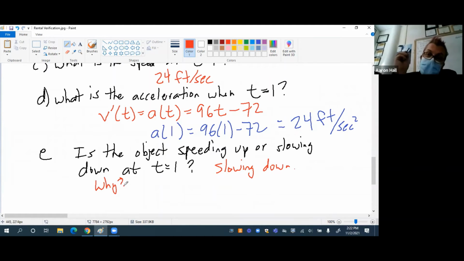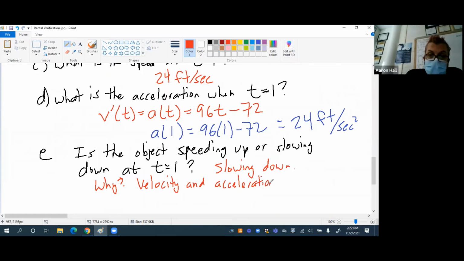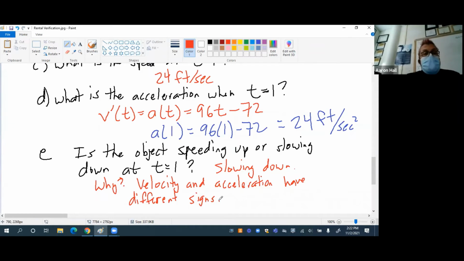Because the velocity and acceleration have different signs. There you go. Any questions so far? Okay, part F. When is the particle at rest?